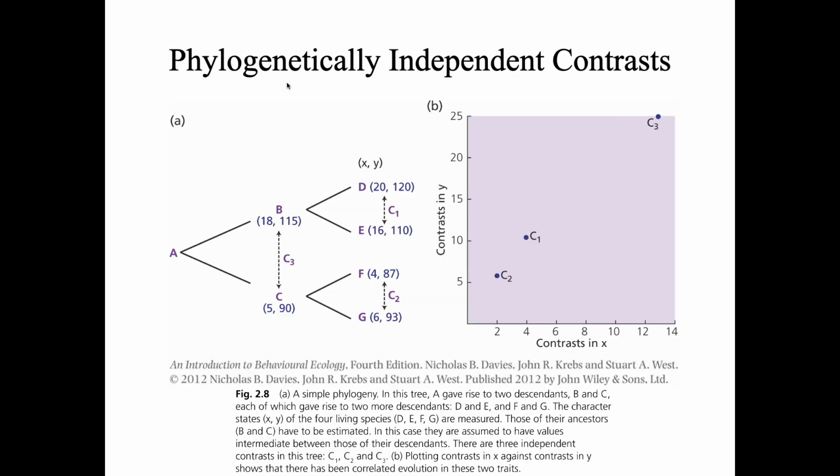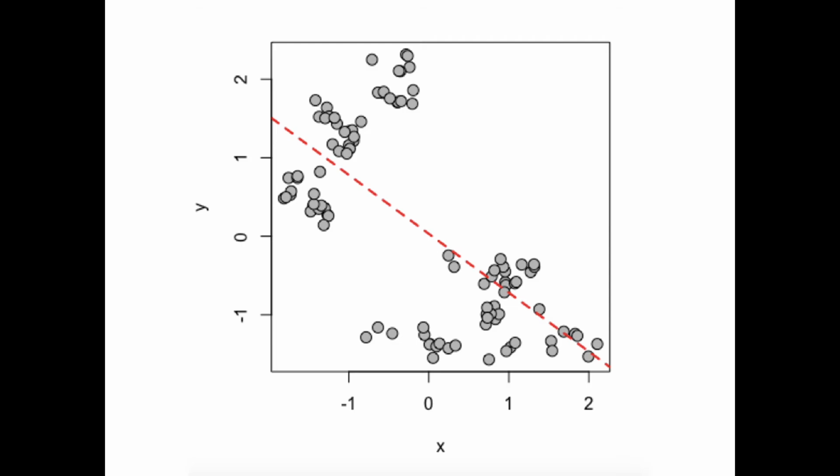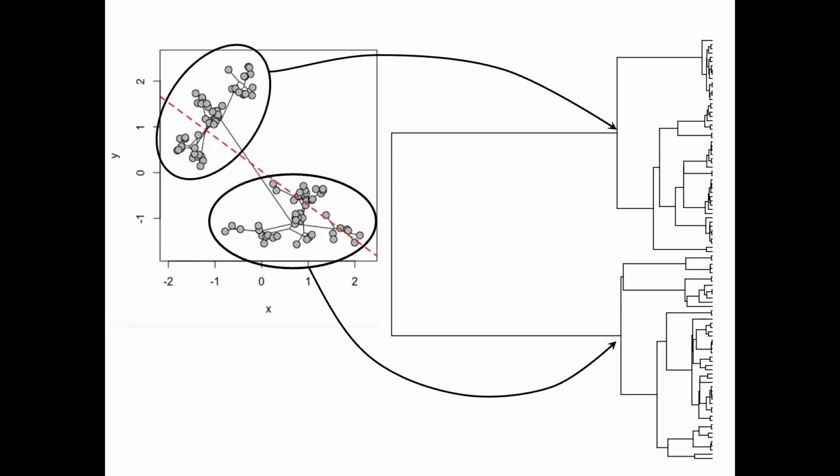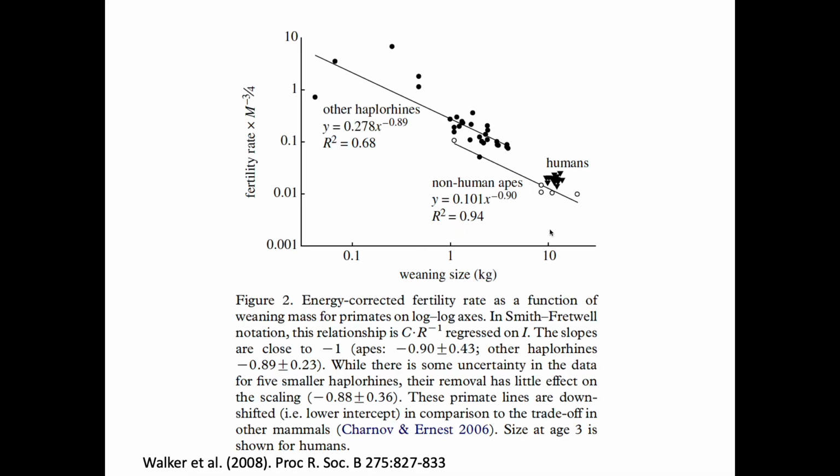And so, while there still may be a negative correlation between the number of offspring that you have on the y-axis and the size of offspring on the x-axis, this particular figure probably has a certain amount of phylogenetic signal in the data, because these are the raw data from the taxa. These are not the phylogenetically independent contrasts, and that's probably why this line is different from this line.